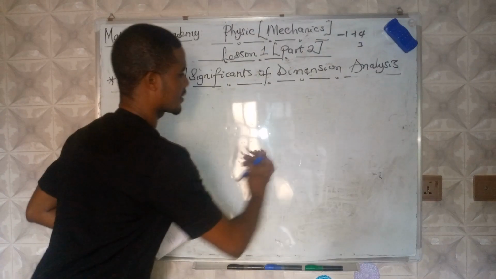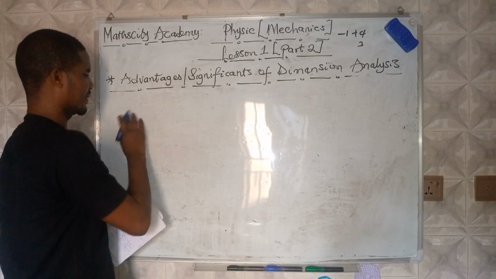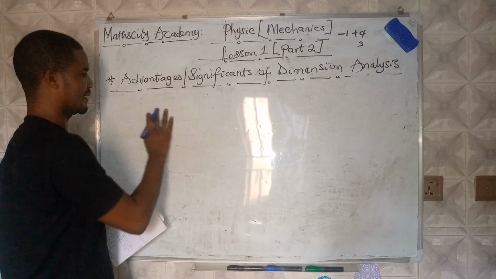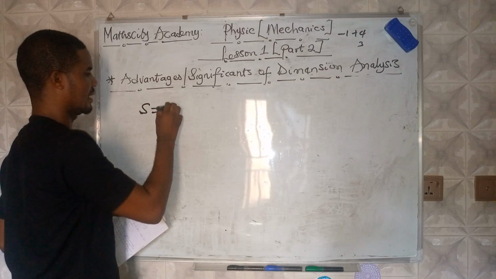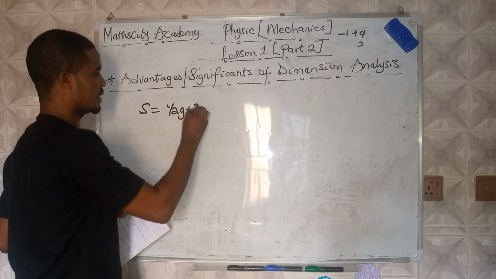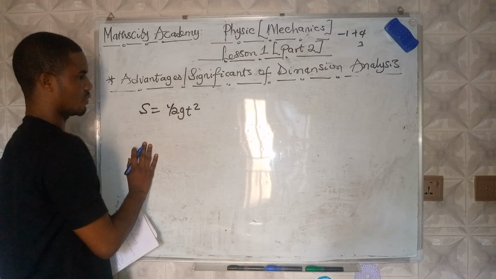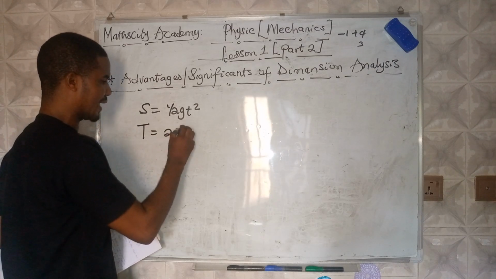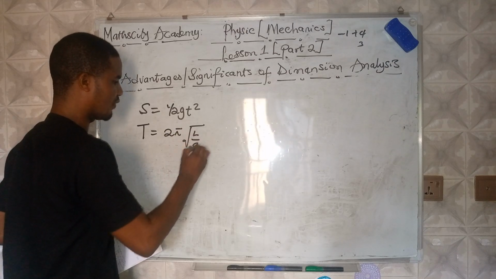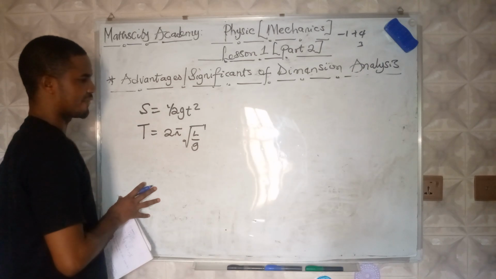Now, I want to take us a little further. If I have an equation like this, S is equal to half g t squared, this is an equation for a physical quantity. I can also have something like T is equal to 2 pi root of L over g. This is another equation for a physical quantity which we use in physics.